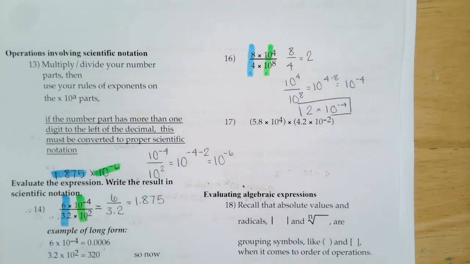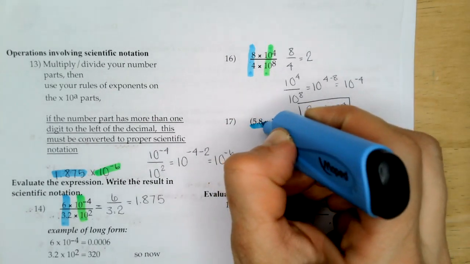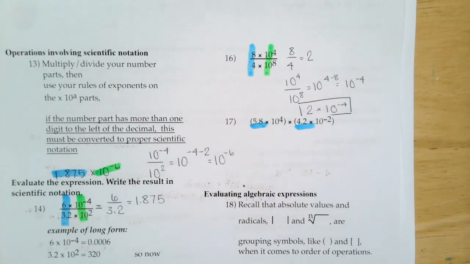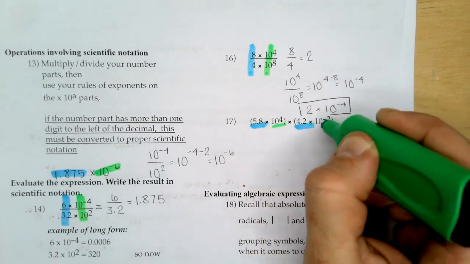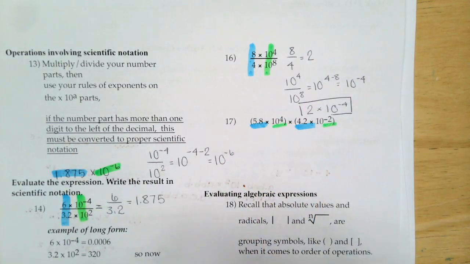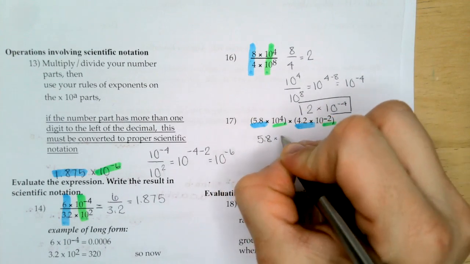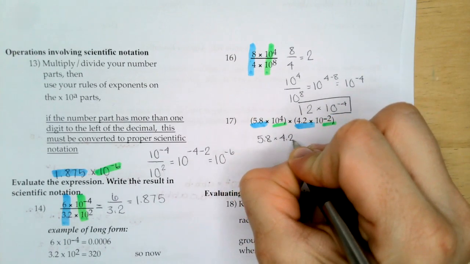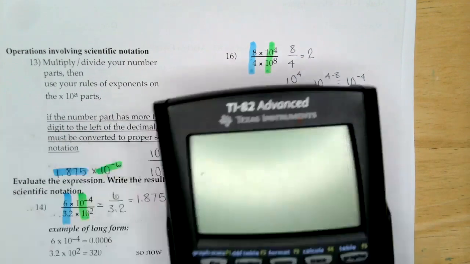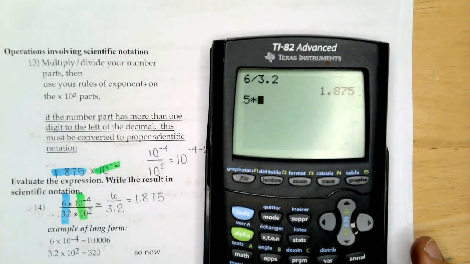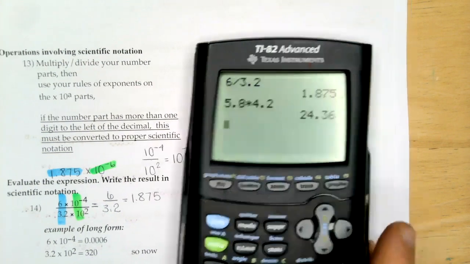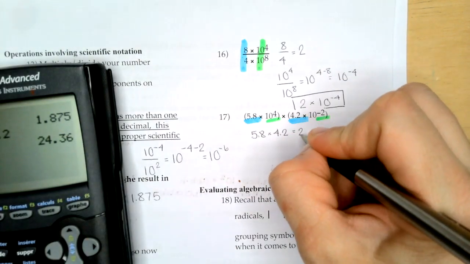Here, same thing, but we're multiplying. Take the coefficient, 5.8 and 4.2, and then take the exponent, 10 to the 4th and 10 to the negative 2. 5.8 times 4.2 will give us 24.36.